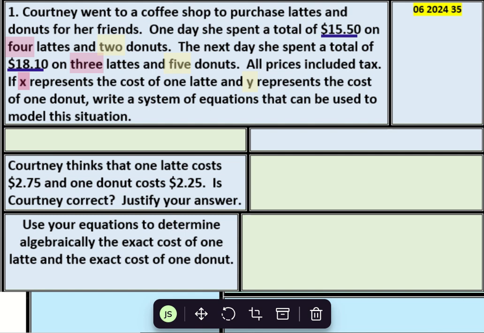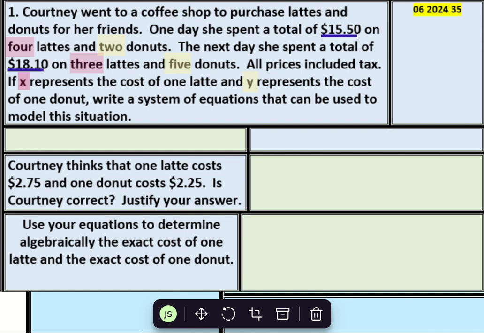And I know many of you are saying, well, this is a lot of extra. This seems like more work, but this is working smarter, not harder. If we're systematic, we know exactly what equations to write, and this gives us our starting point. So now I can say 4 lattes, 4x, plus 2 donuts, plus 2y equals 15.50.